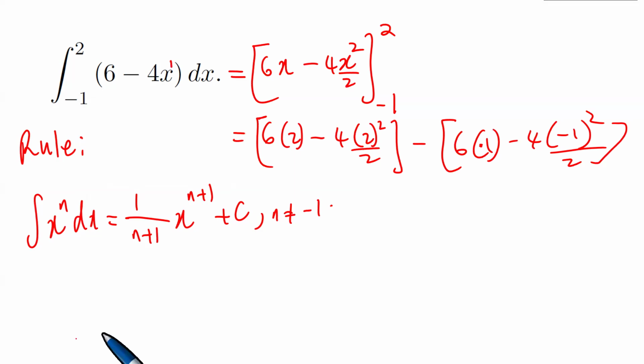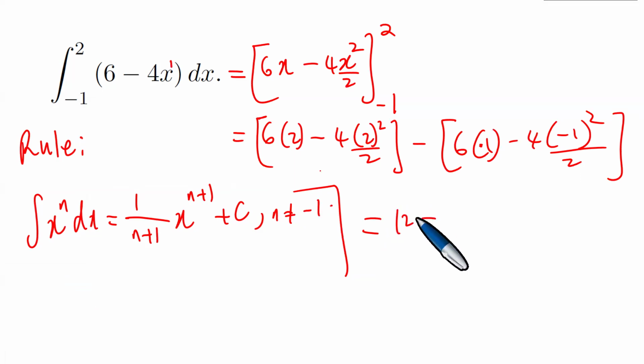Just take note of that, and we proceed with ease. So we then have that this is 12 minus, dividing 4 by 2 gives 8, minus 6, and this here is a 1, divided by the 2, which becomes minus 2.